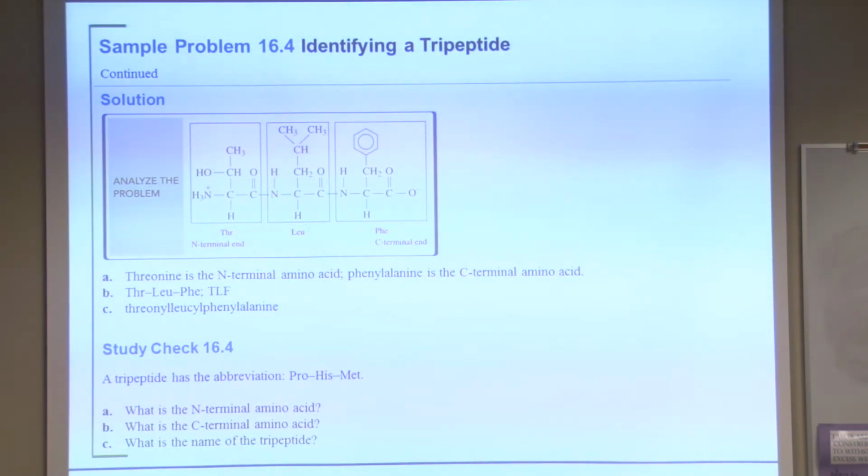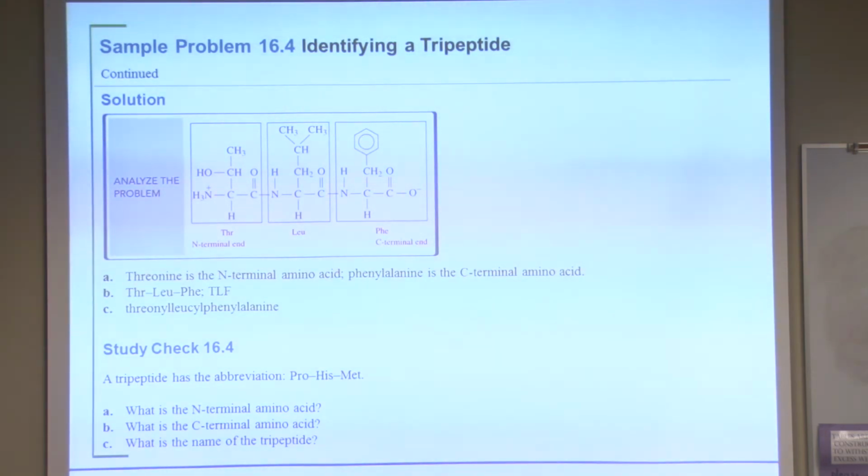So you can set up a tripeptide with this amino acid sequence and give the name and the abbreviation, 3-letter, 1-letter abbreviation. What is the N-terminal amino acid? PRO, what is the name of PRO? PRO is proline, so prolyl.